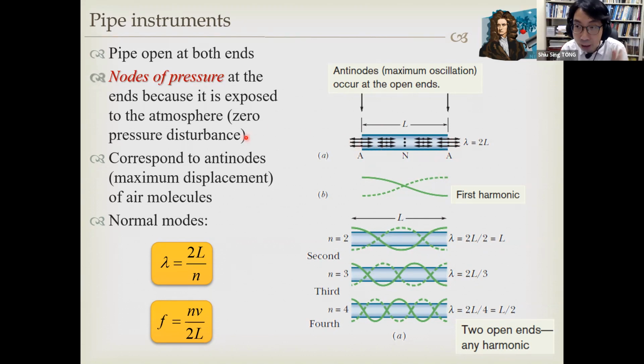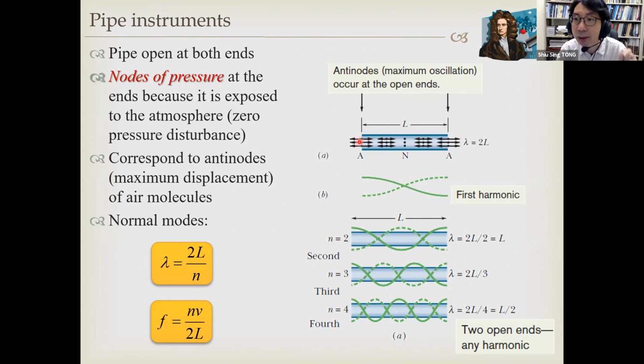You can understand it like this. There is a pressure variation inside the tube. When the tube is open at both ends and meets the atmosphere, the pressure at the two ends becomes equal to the atmospheric pressure.